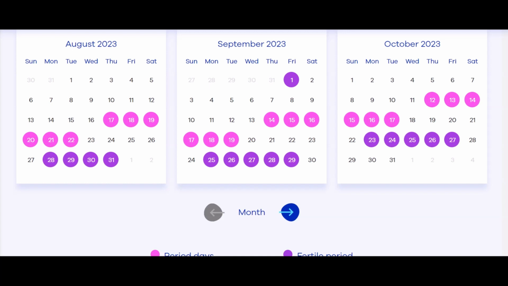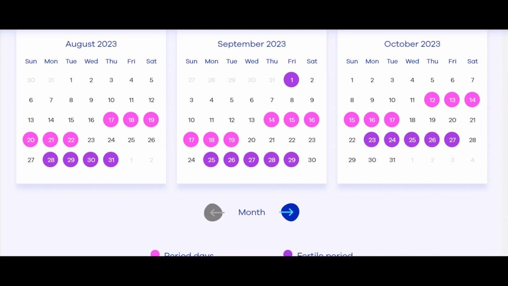Okay, so counting 14 days, this is day 1 after the normal menstrual flow. So 18, day 1, day 2, day 3, day 4, day 5, day 6, 7, 8, 9, 10, 11, 12, 13, 14. Okay, so this is the day of ovulation, 14 days after the day of normal menstrual flow.